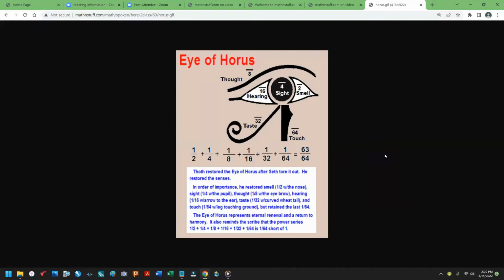That's what it means. The most important sense was smell. My guess is if you wanted to stay alive, you have to stay away from smelly things. Sight, you should be aware of where you were. Hearing, thought, touch, taste. Here's the story. I'm not going over it.